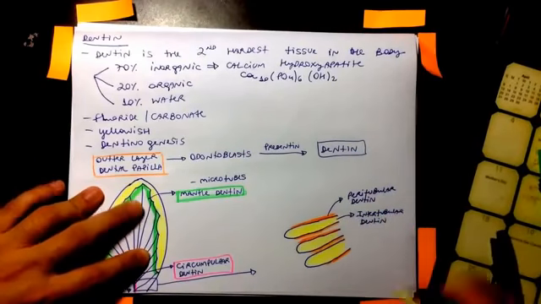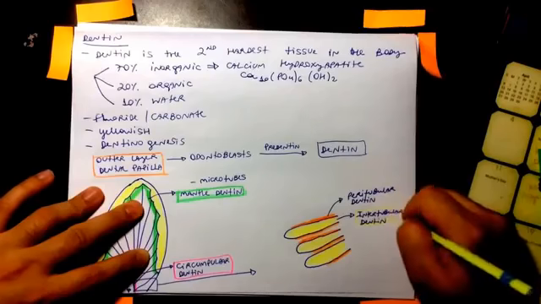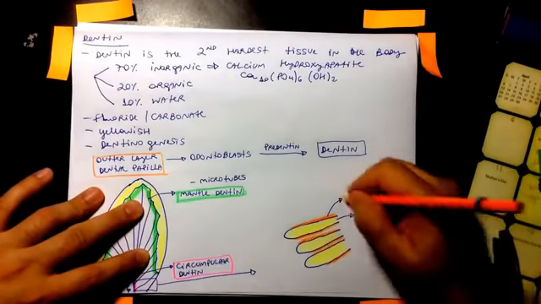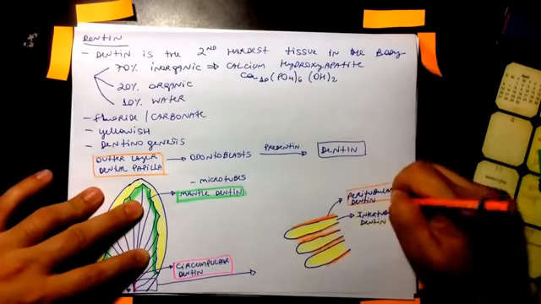Okay, so this is the intertubular dentin, and this is the peritubular dentin.